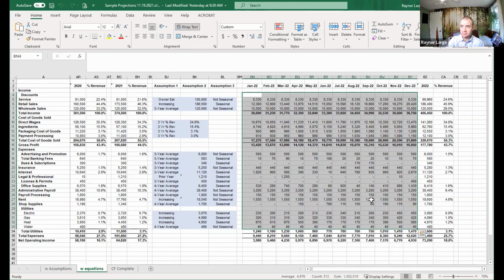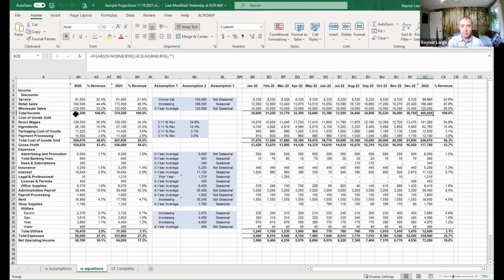So looking at this, I'm projecting to increase my sales at about the same rate, a little higher, going from 360, 374 to 406. My cost of goods as a percent of revenue actually went up a little bit over prior year, from 56 to 55 to 56, back up to 56.